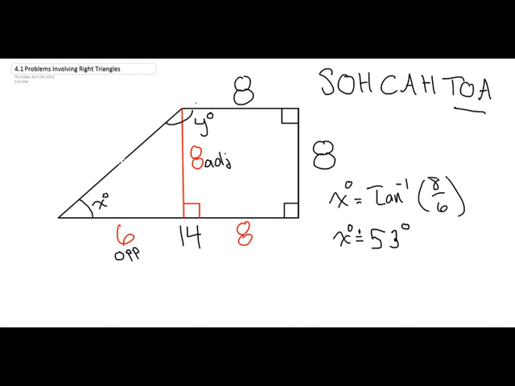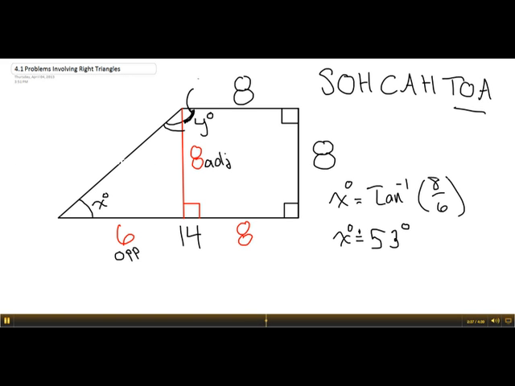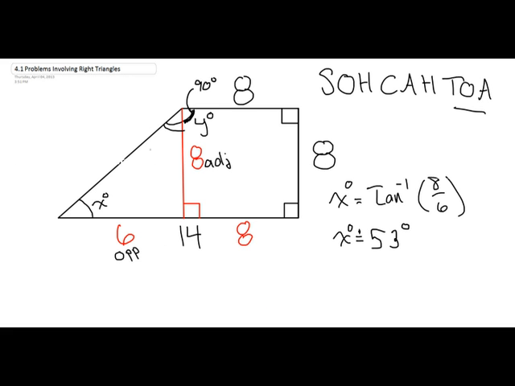Well, notice that y is an angle that's shared between two different angles. We really have this angle here plus this angle in here. So we already know that this angle here is 90 degrees because it's a part of a square.